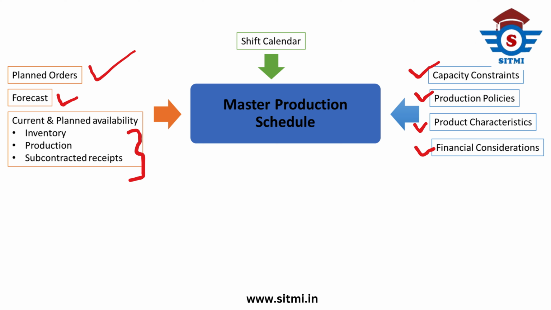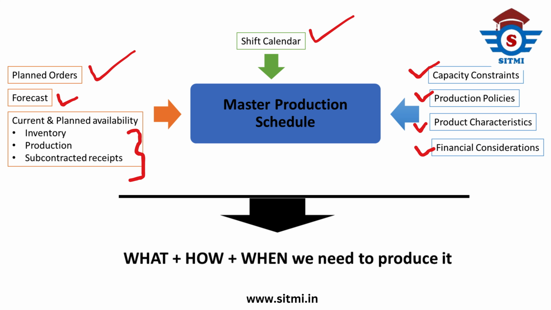So if a subcontractor is manufacturing some quantities on our behalf, we have to produce less quantity considering what we are getting from subcontractors. Then MPS also takes an input in the form of calendar and shift time. It also includes vacations and days off, and accordingly it plans for an output which is the master production schedule, and it talks about when and how much we have to produce for each product.